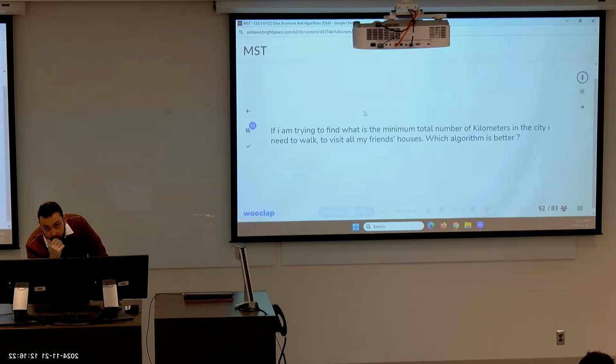SSSP or the MST? Guys, here we're back to the bigger picture of critical thinking. You're computer scientists and engineers. So we try to find the problem. And we want to solve it. You remember we said problem, algorithm, and then the other things. So this is my problem. Which algorithm should I use?